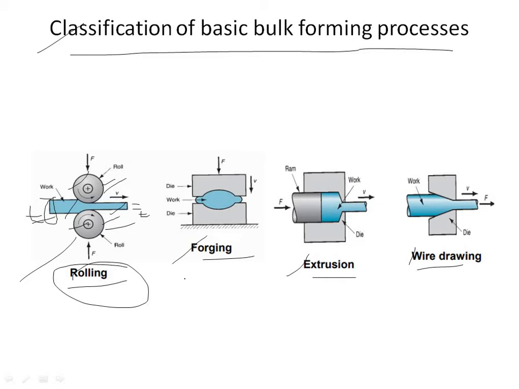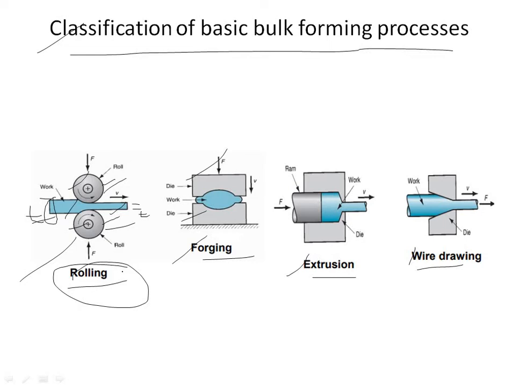Next we will be discussing forging. You can see the forging here. The workpiece is compressed between two dies containing shaped contours. Listen carefully. See the two dies above and below.